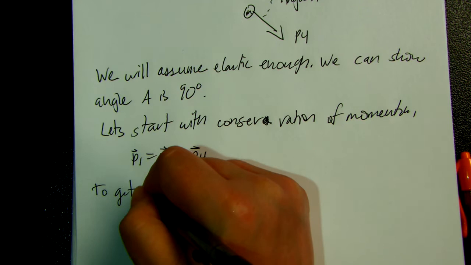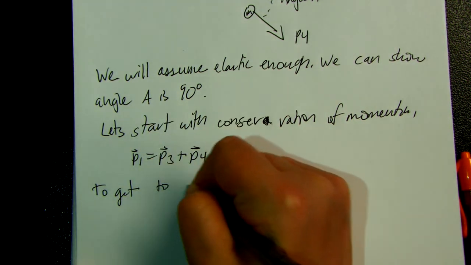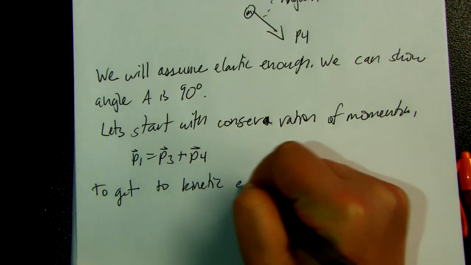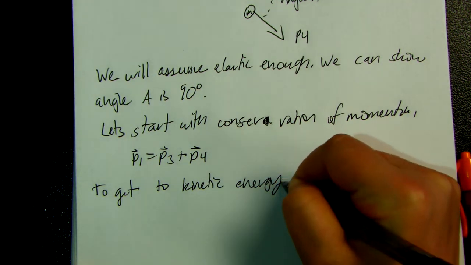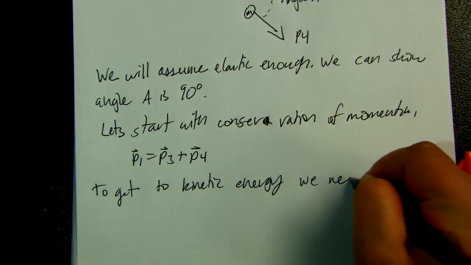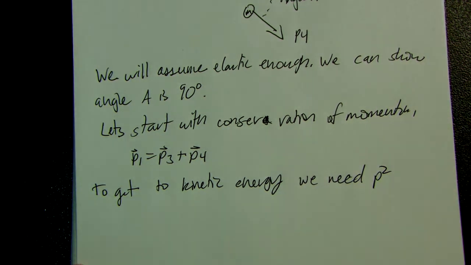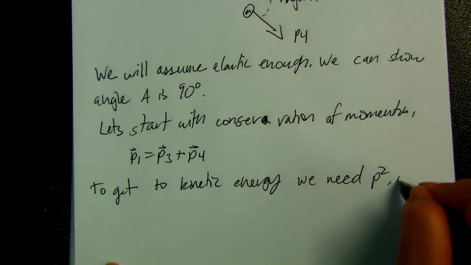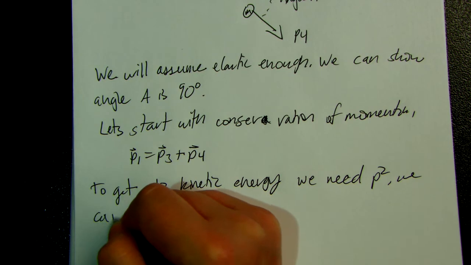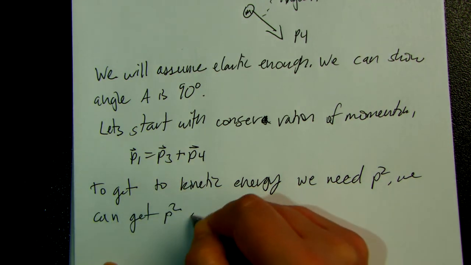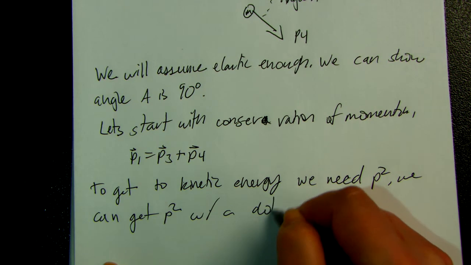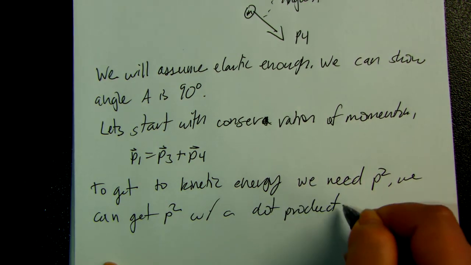To get to kinetic energy, we will need P squared. The reason we need both is because momentum can get us kinetic energy and vice versa. So we can get P squared with a dot product, which you are all experts in right now.